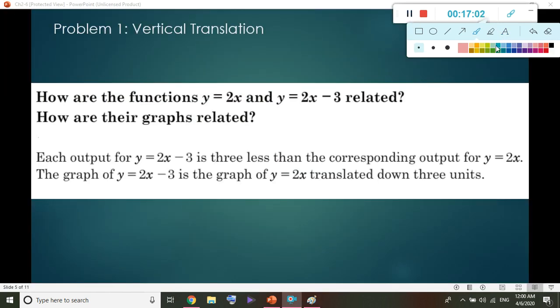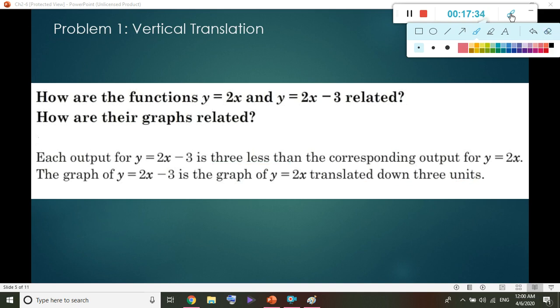Yes, each output for y equals 2x minus 3 is 3 less than the corresponding output for y equals 2x. And for the graph, y equals 2x minus 3 is the graph of 2x translated down 3 units, as we said. So that's how the vertical translation works.